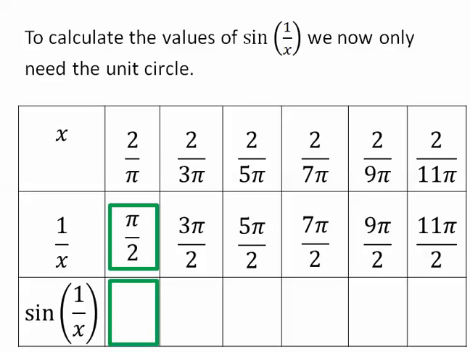To calculate the values of sine of 1 over x, we now only need the unit circle. So we want to find the sine of pi over 2. This may not be readily available in your head. It would be best if it was, but if it's not, I have a unit circle here for you to look at.